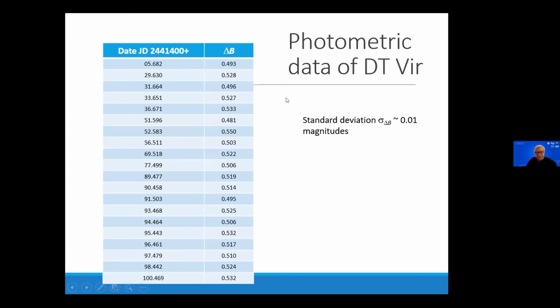And remember, because this is a JD, I only take the last 2 digits in the integer part, but remember this is part of 2441400. And this is delta B with 3 digits behind the decimal. There is also a reported standard deviation, sigma delta B, of 0.01 magnitudes. You may think about using this for your error assessment if you would like to analyze this later on.